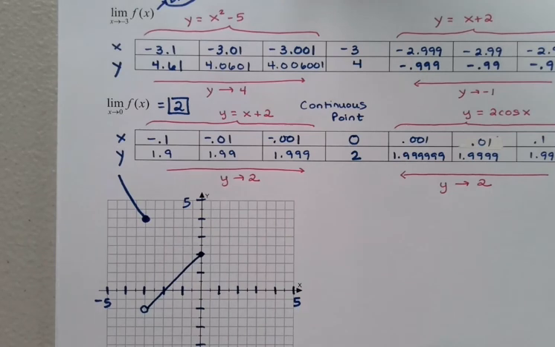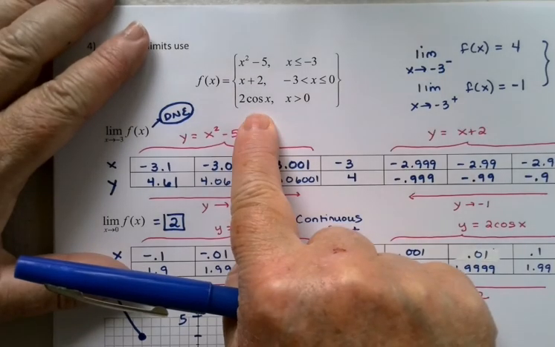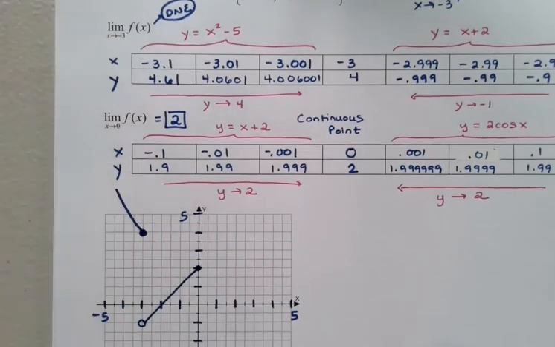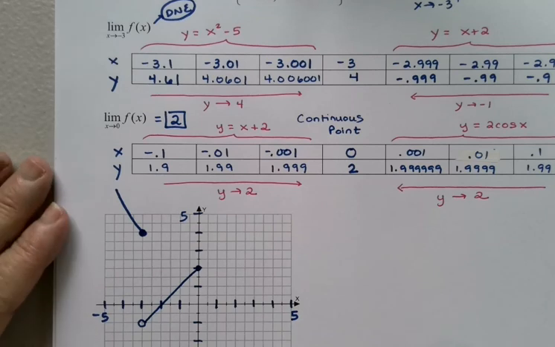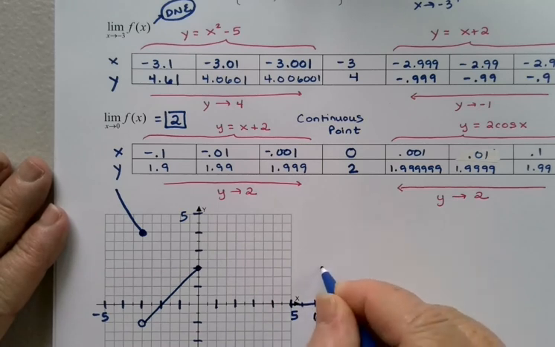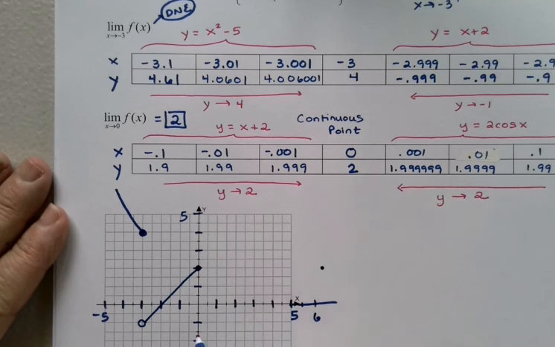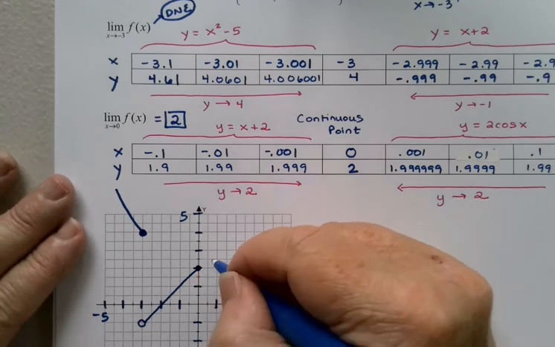And then finally, to finish out, anything greater than 0, we're at 2 cosine x. We know that's just a cosine curve with an amplitude of 2. It would have 2 pi as its period, so let's go 2 pi, we'd be back right around here. At 1 pi, we're down here at negative 2, just to give me an idea of how to draw this thing.